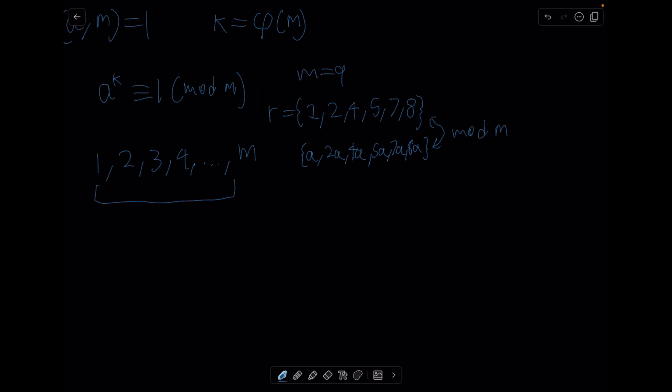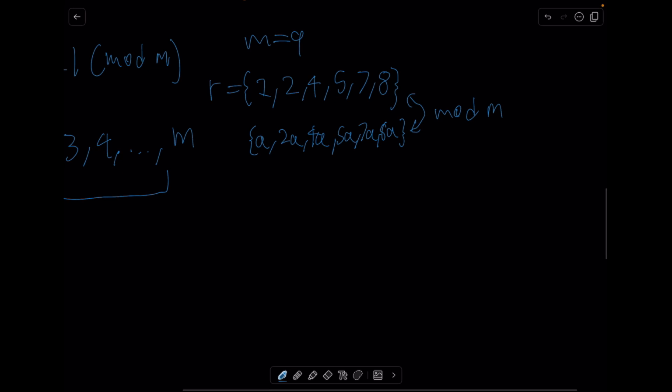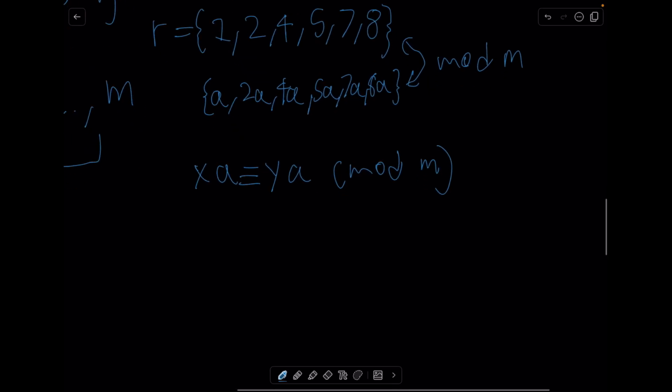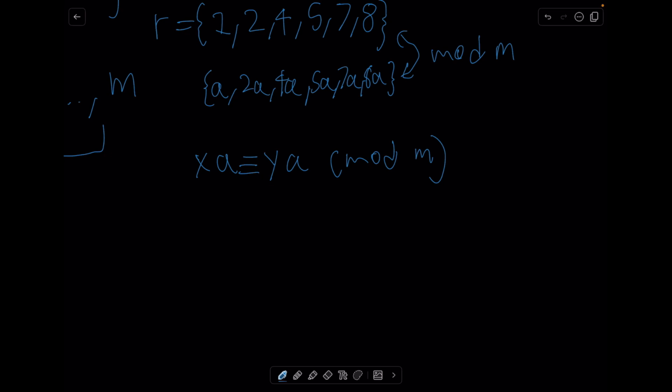And the reason for that is there can't be any intersections. Let's say we had two hypothetically different numbers, x and y, and when you multiplied them by a, they were congruent mod m, right? And what does it mean to be congruent mod m?